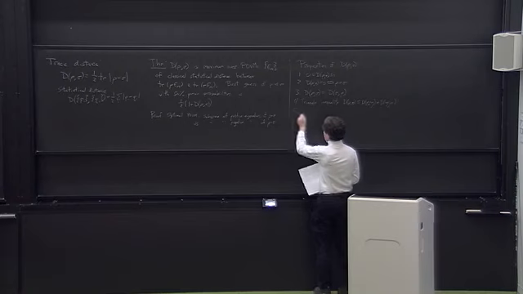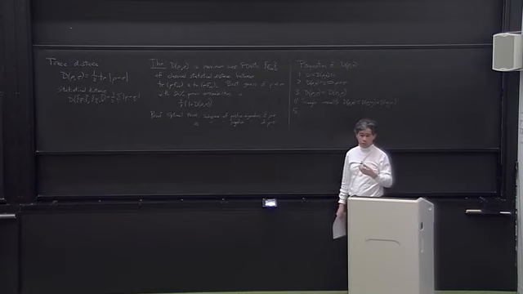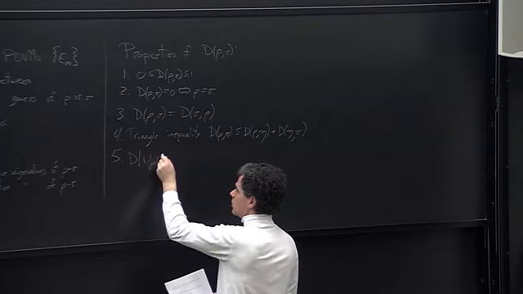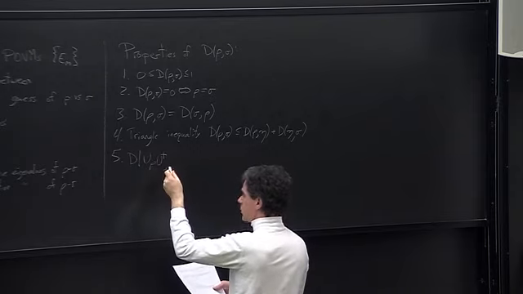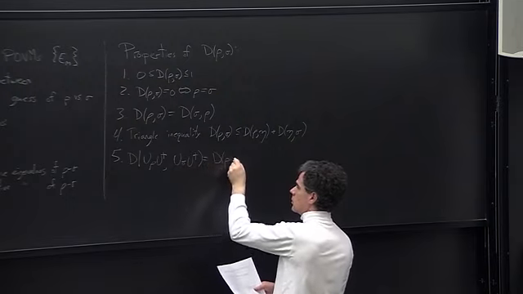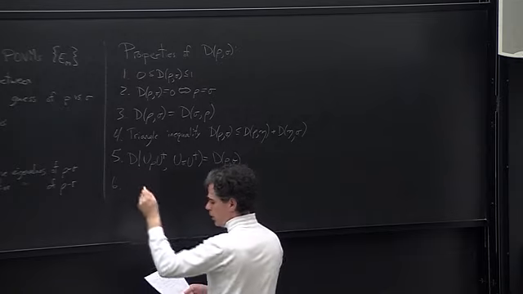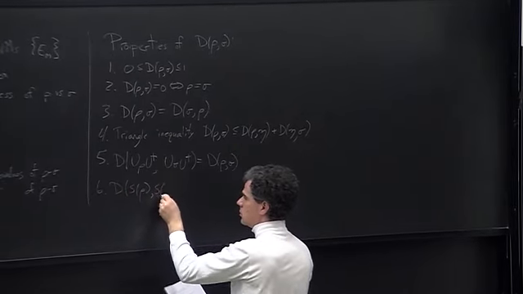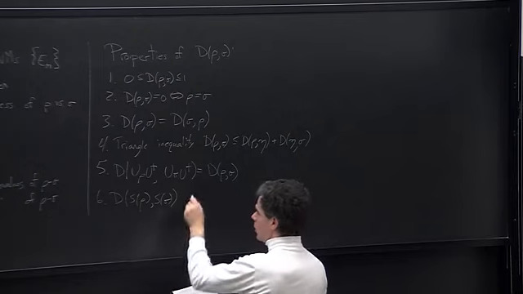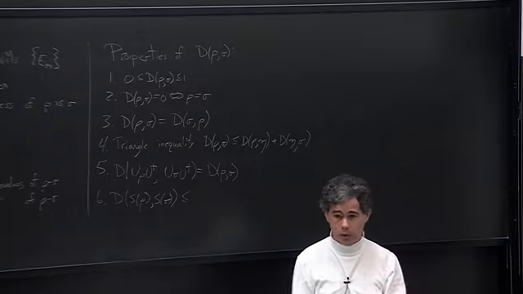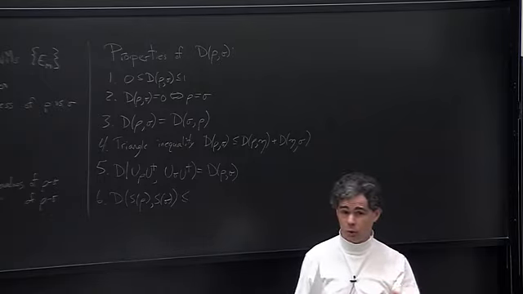So the other property, remember, that we had for fidelity that was important was that it was unitarily invariant. And that's still true of the trace distance. And similarly, if we have a CP map, the CP map can make states less distinguishable, which means making the trace distance smaller, but they can't make them more distinguishable.